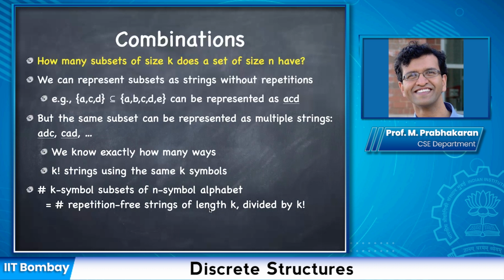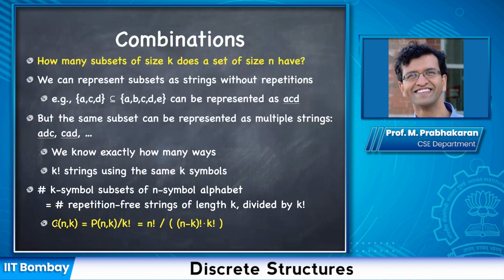You can count the strings without repetitions and then divide that count by k factorial. So that is to say, Cnk is simply Pnk divided by k factorial, and if you plug in the expression for Pnk, this is what you get: n factorial divided by (n minus k) factorial times k factorial.